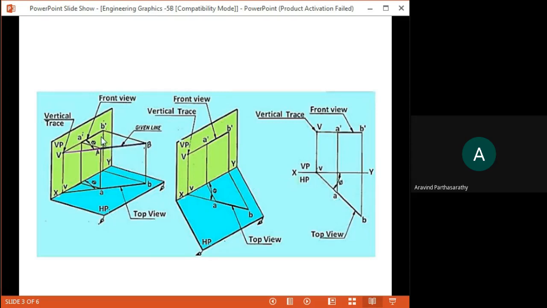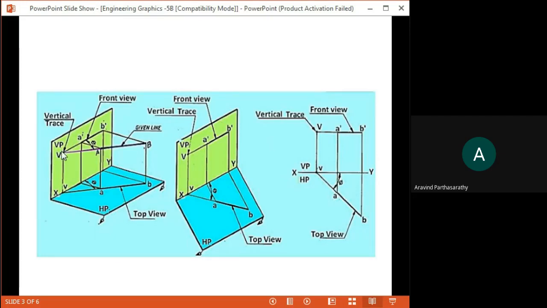On the horizontal plane, it is parallel to the horizontal plane, but it is angled with the vertical plane. When a line is angled with the vertical plane and is extended, it meets a point in the vertical plane, and that point is known as the vertical trace.